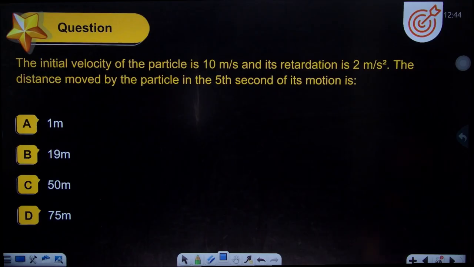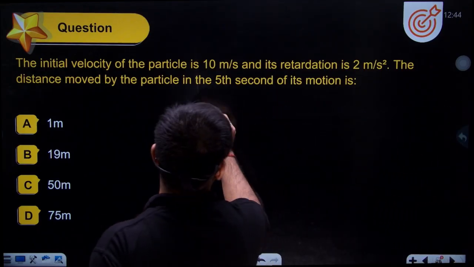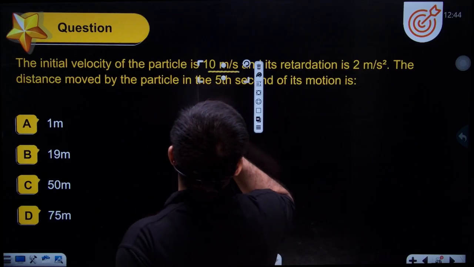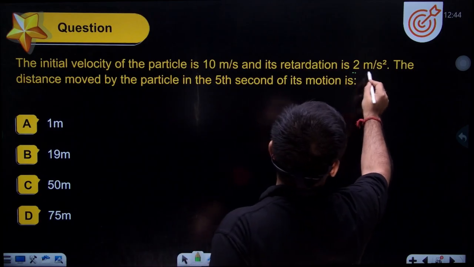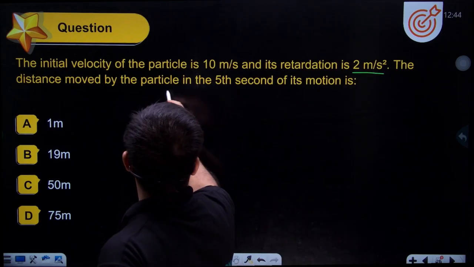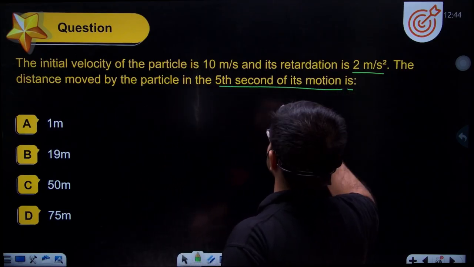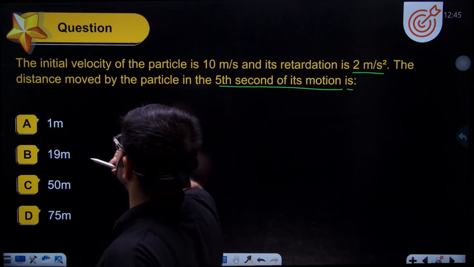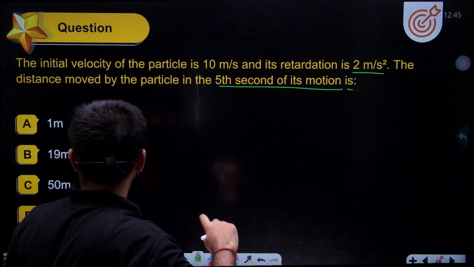Okay. The initial velocity of a particle is 10 meter per second and its retardation is 2 meter per second square. The distance moved by the particle in the 5th second of its motion is. Okay. So distance in the 5th second of its motion.